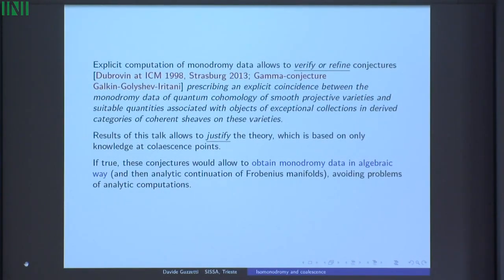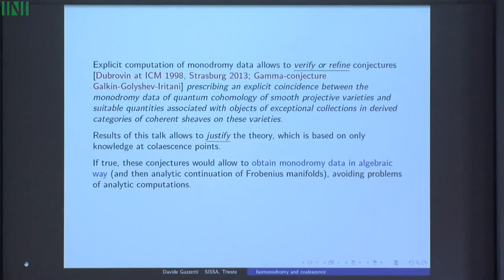Namely, the monodromy data of the Frobenius manifold are actually equal, up to some admissible transformations, to some algebraic quantities, which I'm not going to explain, that you can associate with the so-called exceptional collections in the right category of coherent sheaves of the variety you are considering. So you have two sides of the problem. You have the analytic problem: our system, where you should compute monodromy data.